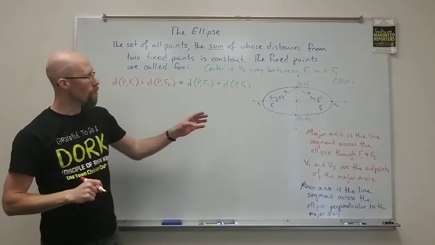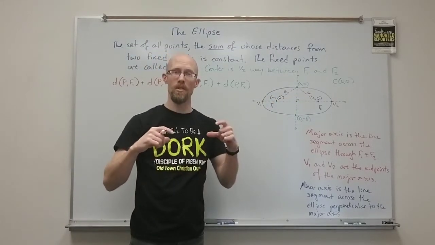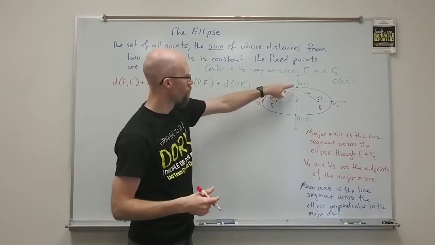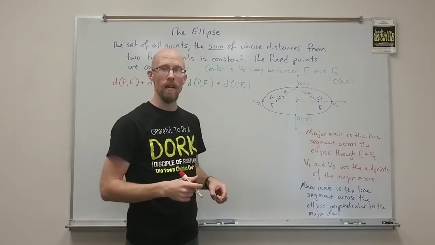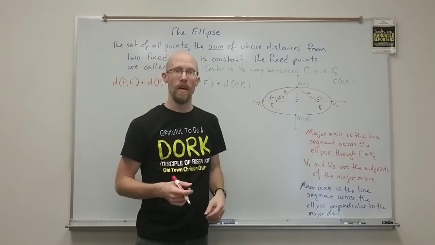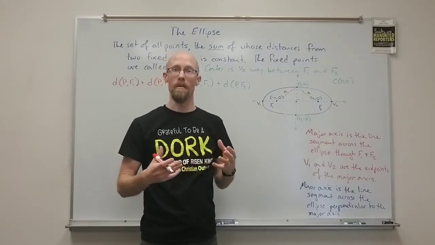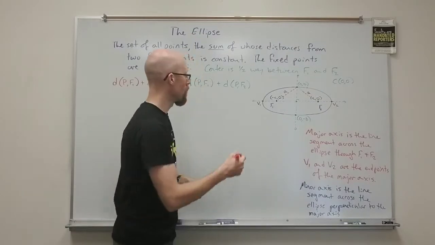Now we know that for any point P on this ellipse, the sum of the distances is fixed. Well, for the point 0, b, the sum of those distances is 2a, right? It's a plus a. Well, that must mean that every other point on this ellipse has the same fixed sum. All right?